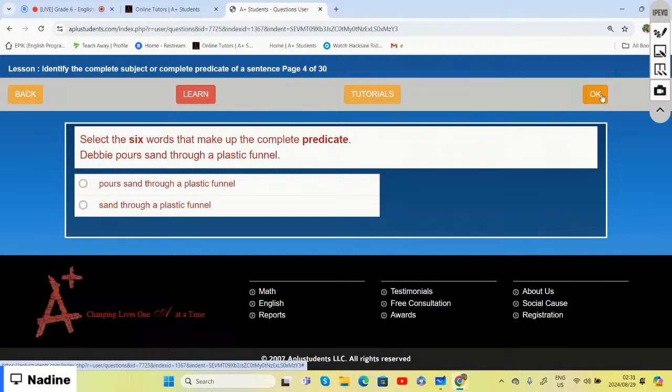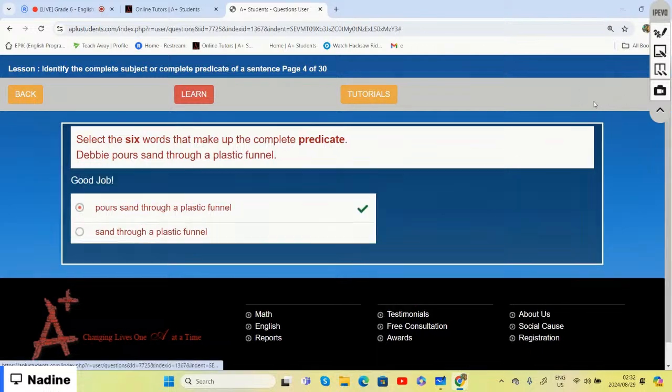If we were to choose the correct option, we would say it's option one, pours sand through a plastic funnel.